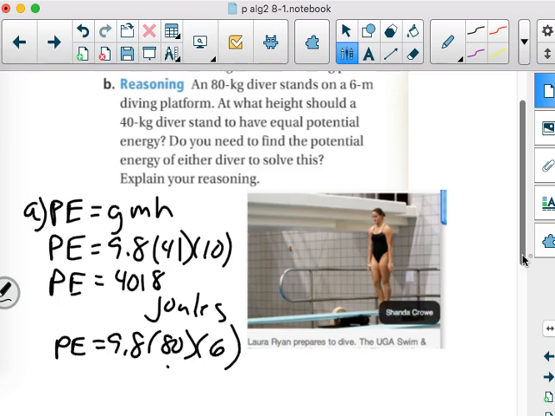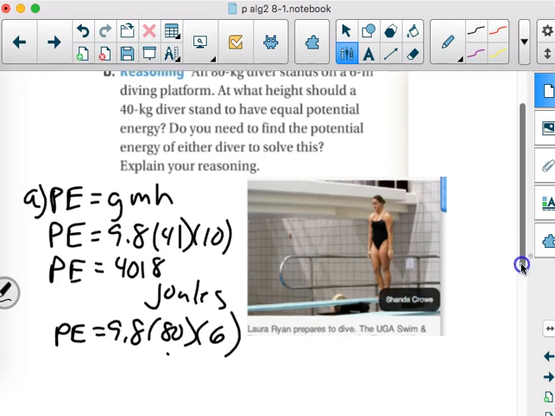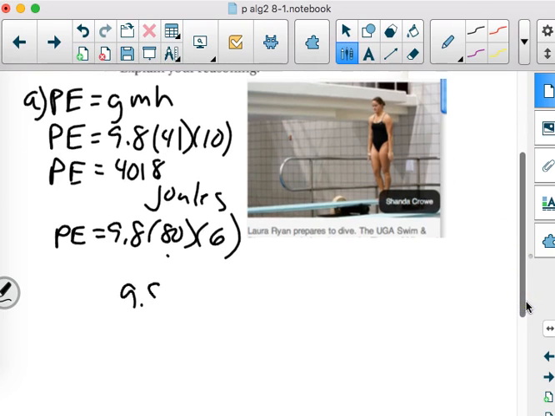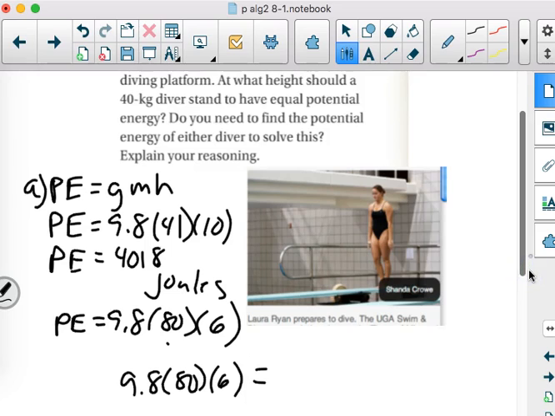Oh, so I want to know when 9.8 times 80 times 6 equals the next person. Okay, so I've got 9.8 and I've got 40, and they want to know the height.